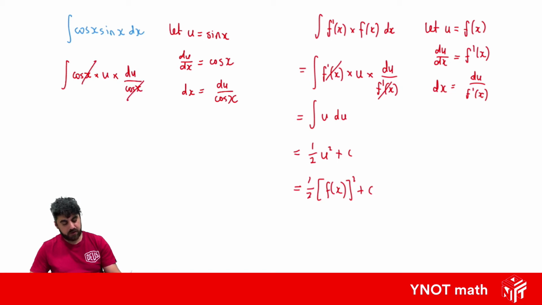The cos x's will cancel, and we just have the integral of u du. We know that's going to be a half u squared plus a constant, and we just go ahead and sub in our value of u, which we know is equal to sine x, so we get a half of sine squared x plus a constant as our answer.